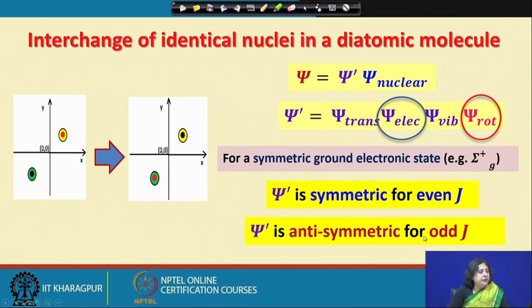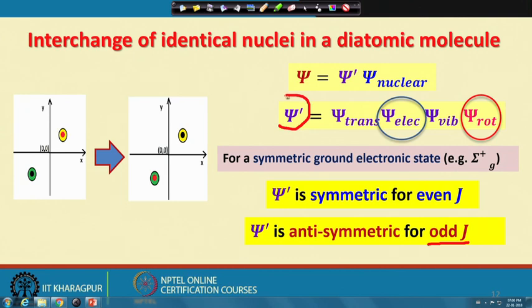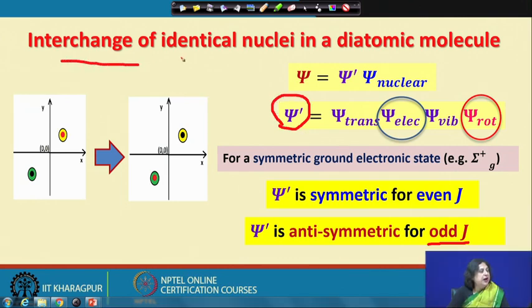Now, psi prime will be antisymmetric with respect to interchange of the identical nuclei in a diatomic molecule if we are looking at the rotational energy states associated with odd values of J. Okay. So, this is the most common scenario as far as the behavior of psi prime is concerned in response to interchange of identical nuclei in this diatomic molecule.